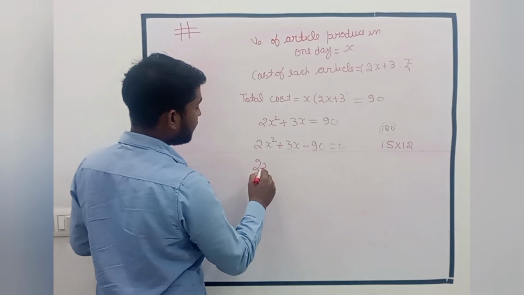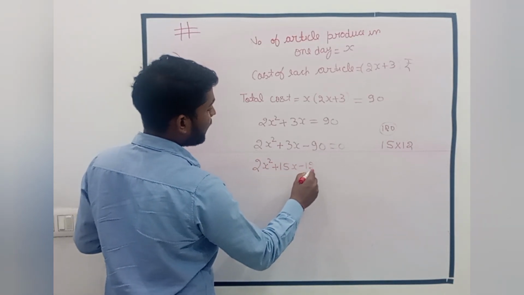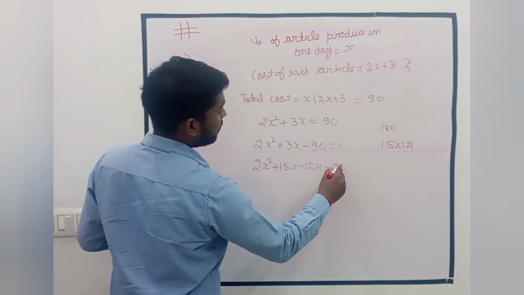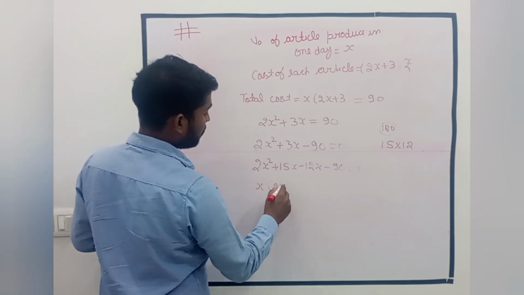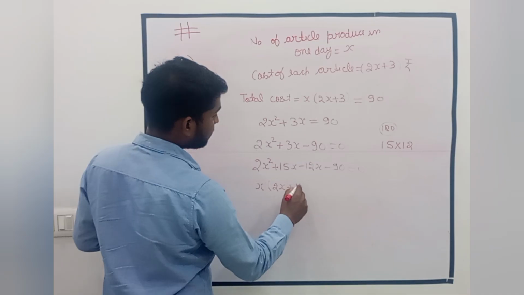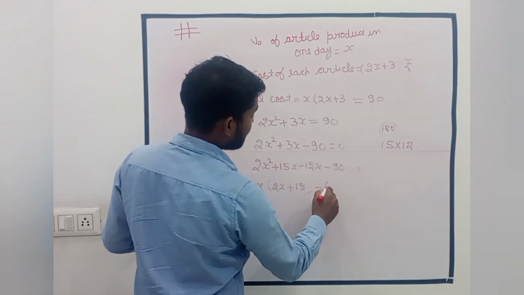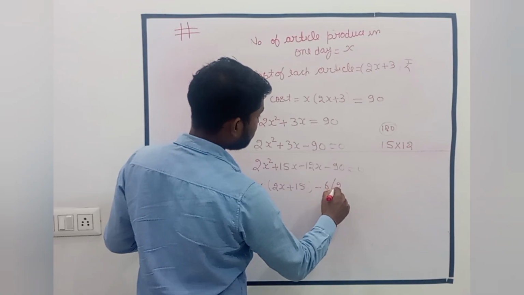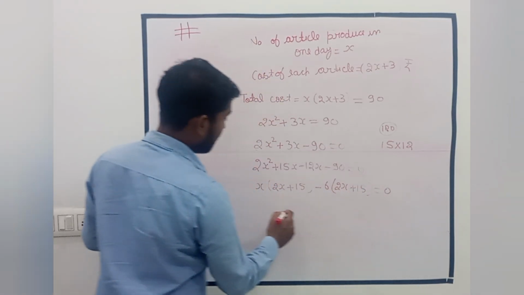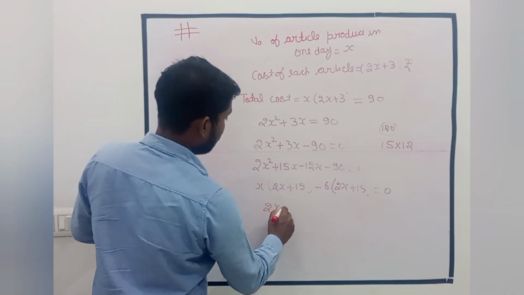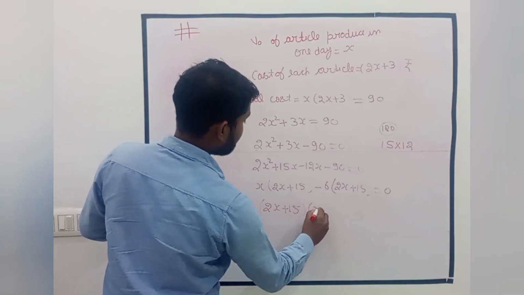We write the 15 as positive and 12 as negative, and we take x common: 2x plus 15, and from here minus 6, 2x plus 15 and 2x plus 15, and here x minus 6.